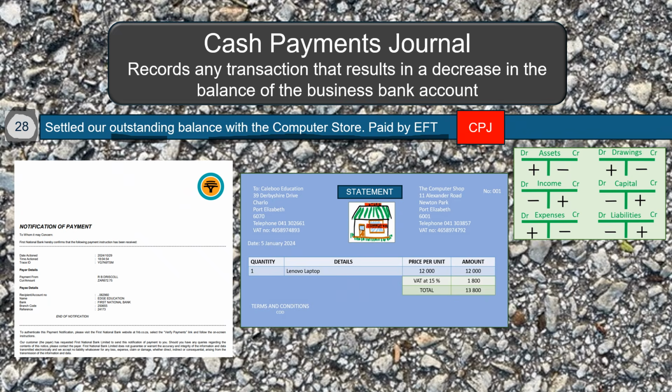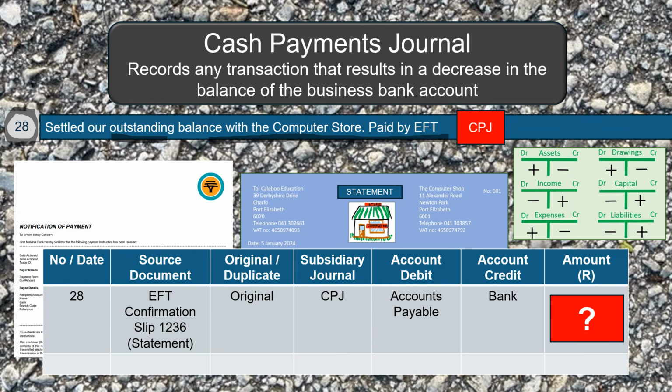So similar to when we receive money from a debtor, we need to calculate how much money we received. In this case it is how much money we are paying. So it's the 28th, EFT confirmation slip.